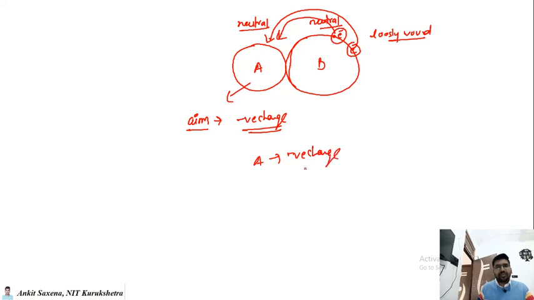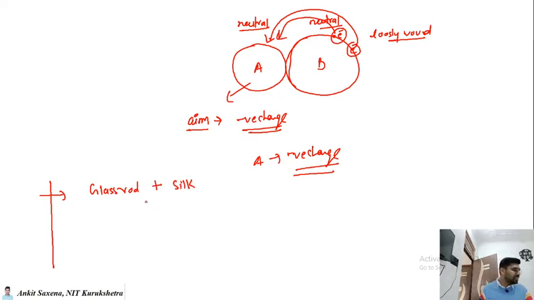So based on our requirement, whether body A should be negatively or positively charged, we make the selection of body. For example, we have made an experiment that when we rub a glass rod with silk, always the glass rod will get positive charge and silk will get negative charge.